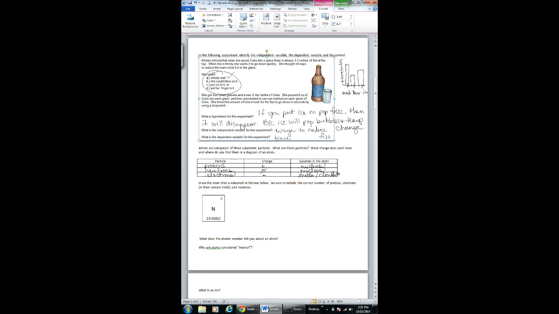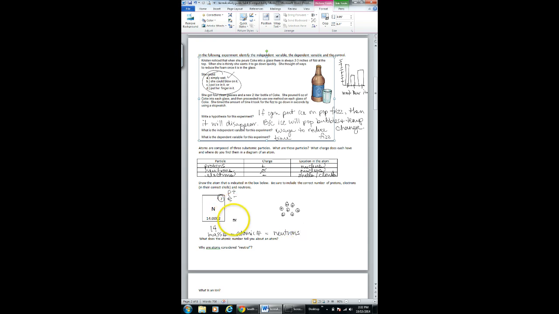And we can draw these for an atom of nitrogen. Nitrogen has this number right here, which tells us the number of protons and the number of electrons. They're always equal when you're drawing an atom. So if I drew 7 protons, then we would have 7 neutrons, because the mass number 14 minus the atomic number equals the number of neutrons.